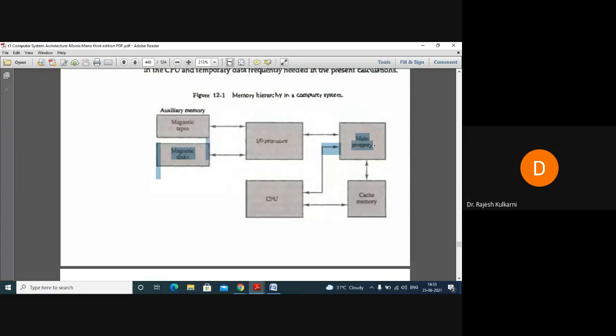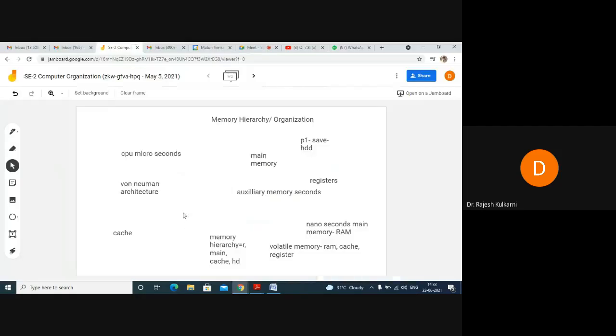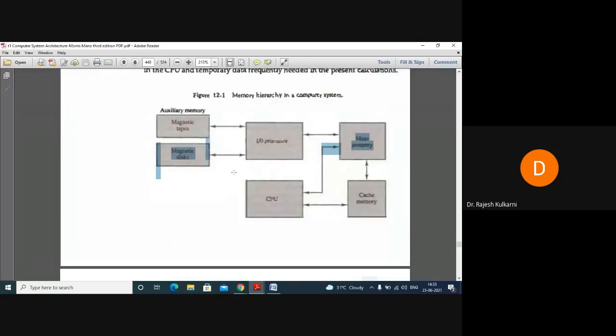So for executing P1, you will be bringing your program from hard disk to RAM. This is how the flow will be.